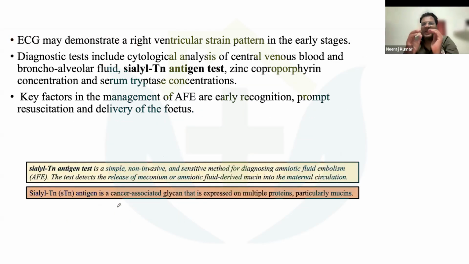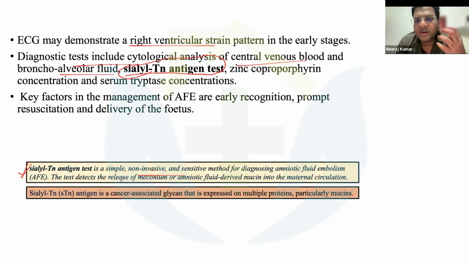Here, I would like to highlight a few important findings related to AFE. First is your ECG, which demonstrates a right ventricular strain pattern. The diagnostic tools include central venous blood and BAL samples, and then the Sialyl-Tn antigen test. A few words about the Sialyl-Tn antigen test. It is basically a non-invasive, sensitive method for diagnosing amniotic fluid embolism.